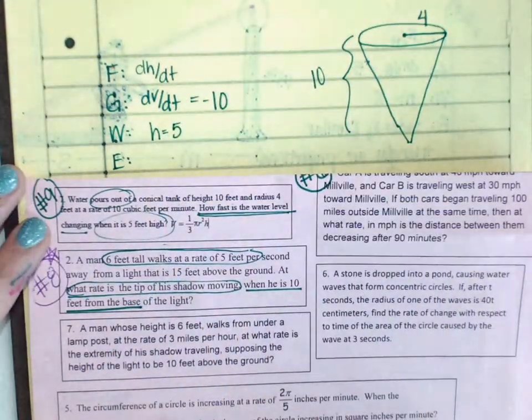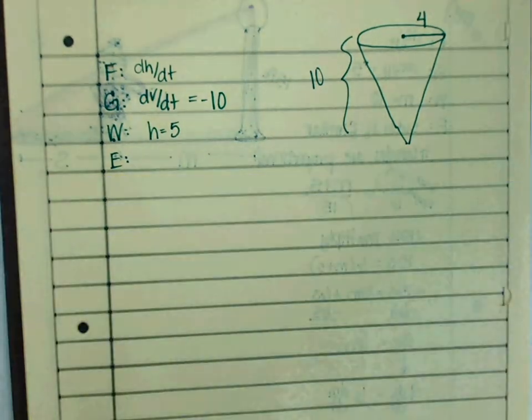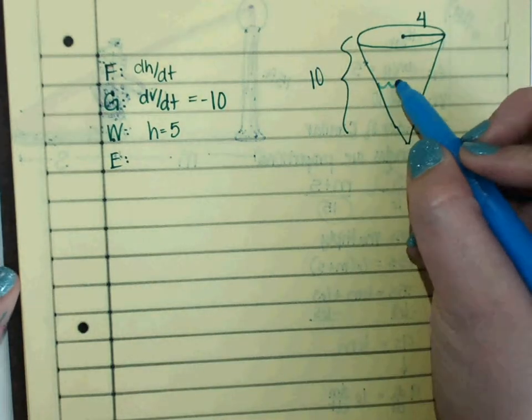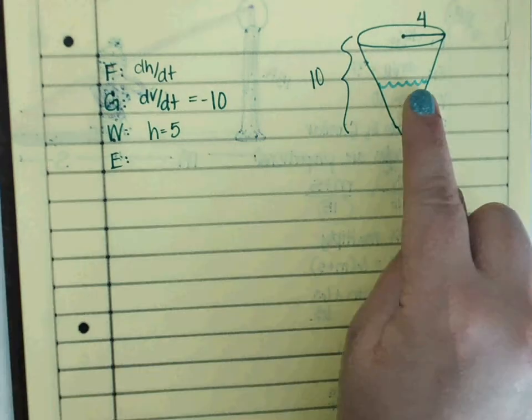Now, how tall is the container? 10. So we need to remember that there's actually 2 different things going on here. You have the container, but then you have the water in the container. So think about when my water's here, we'll pretend like that's 5. But remember, it's not always 5. Is my radius here still 4?